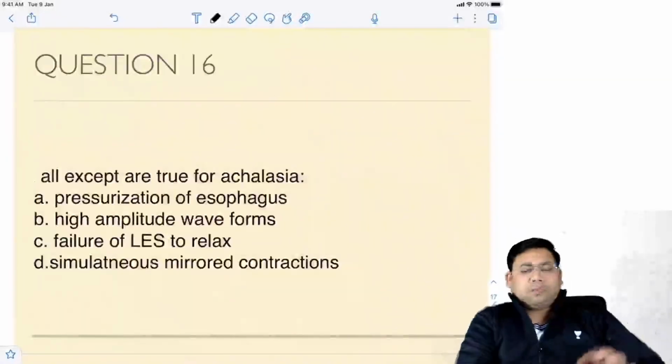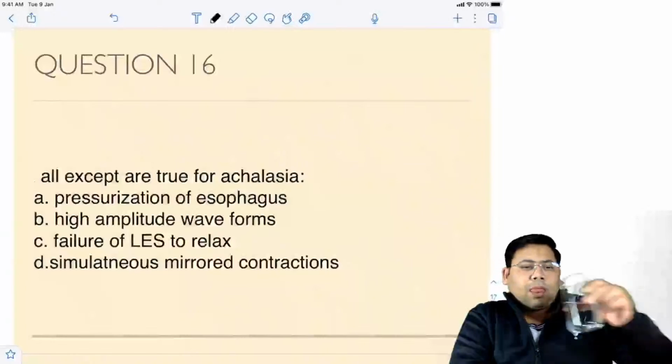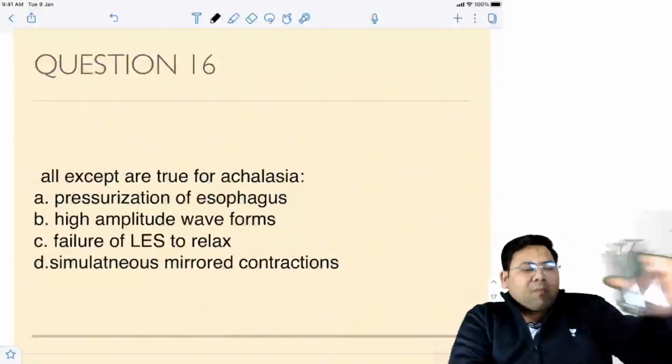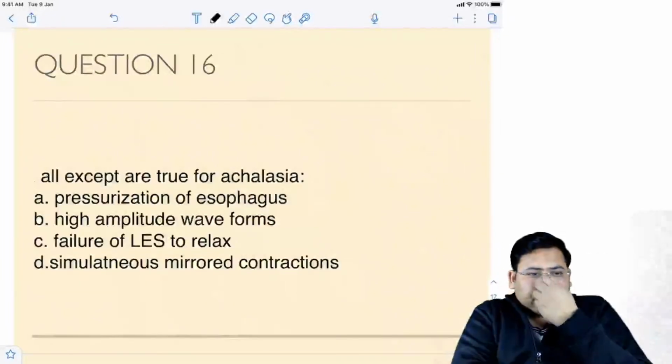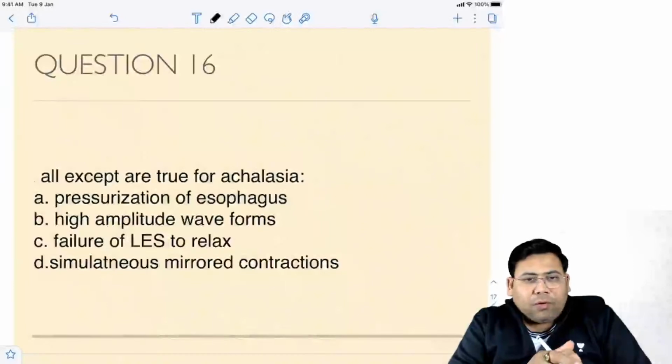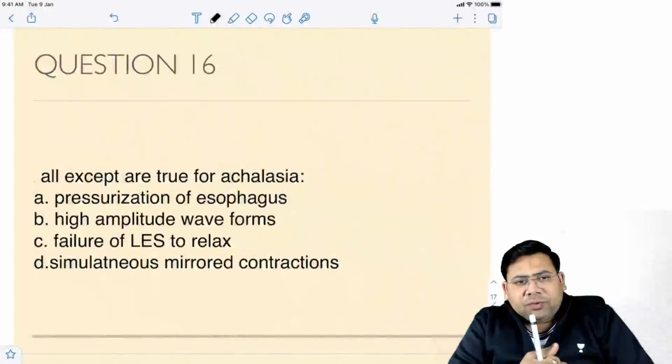Answer me this question. All except ___ are true for Achalasia: pressurization of esophagus, high amplitude waveforms, failure of LES to relax, and simultaneous mirrored contraction.